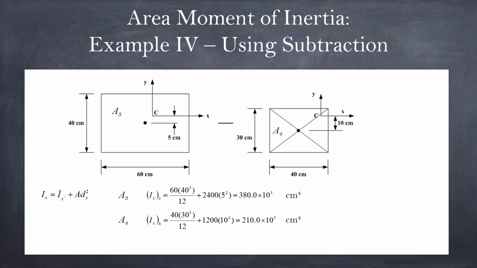Because it is subtraction, this is not swapping signs. It has to be A3 minus A4. It can't be A4 minus A3. It's a different concept. And here we are. You notice that we have the same answer. And notice the unit; I emphasize the unit. It is length to the power of 4.